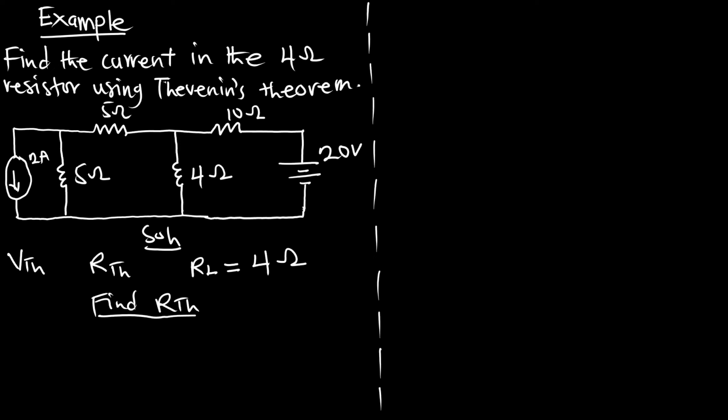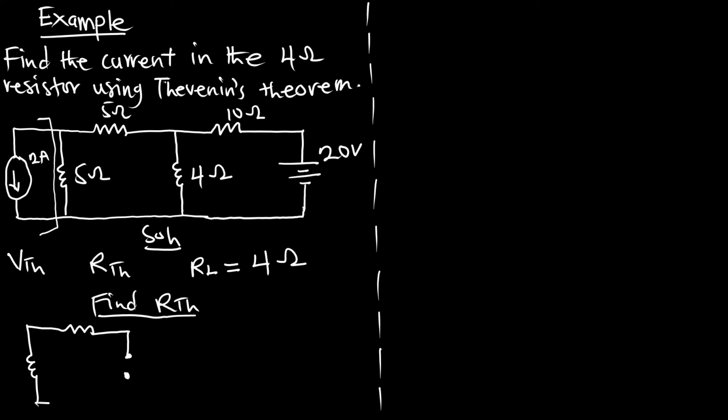Starting from the current source, we are going to open circuit it, meaning current is not going to flow through that direction. So we can assume this part is off because it is open, no current is flowing. Our analysis is going to start from this 5 ohm resistor, and we have this 5 ohm resistor too. This 4 ohm resistor is what we are considering.